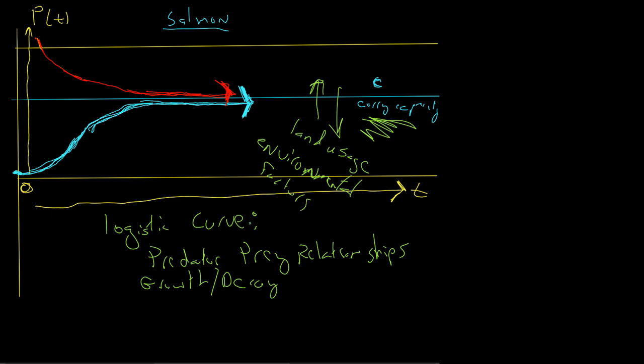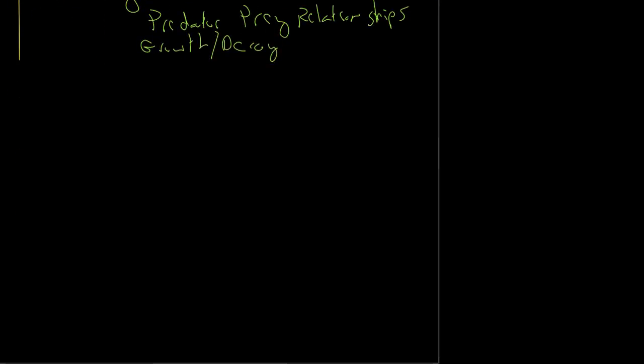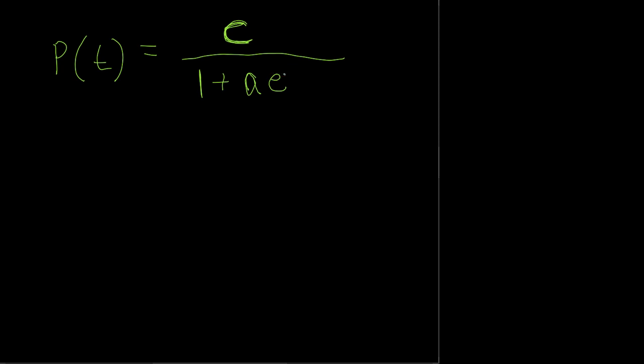And so these logistic curves that pop out of that, well, they end up having a solution. And so the population at any given time, at most, will be that carrying capacity, whatever the environment can handle, divided by an exponential.